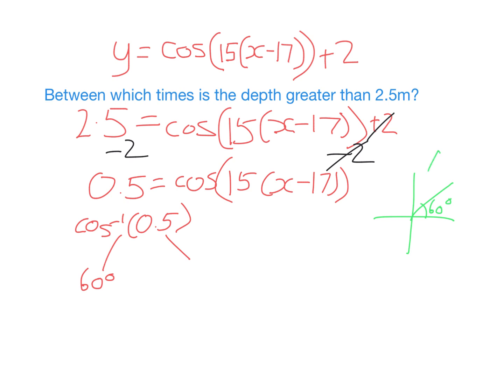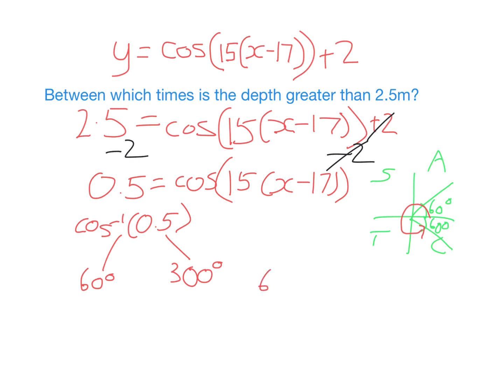It's in the first quadrant, and we know it goes ASTC. So cos here is positive 0.5, so the other solution is in the fourth quadrant. It will occur when this angle here is 60 degrees, and so the angle made with the positive x-axis is 300 degrees all the way around. We need to solve both of these.